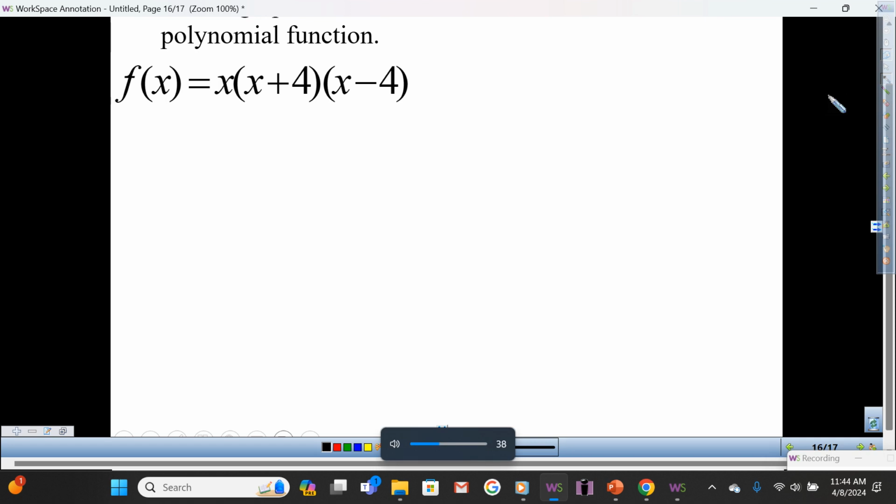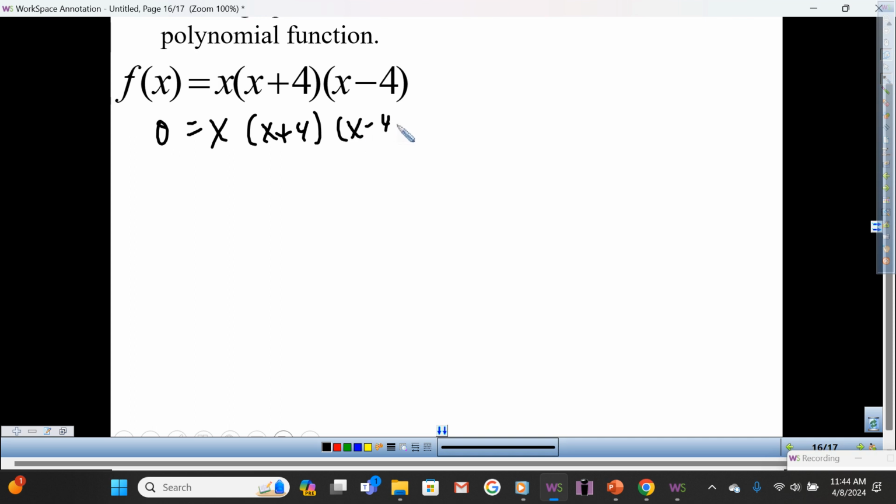Help me out on this one, please. Did I call Anthony E already? Anthony E, pass to someone. Anthony D, go. What do I do? Set it to 0, and then set them all to 0, all the factors, and solve.